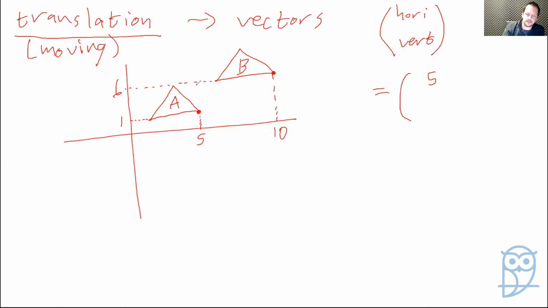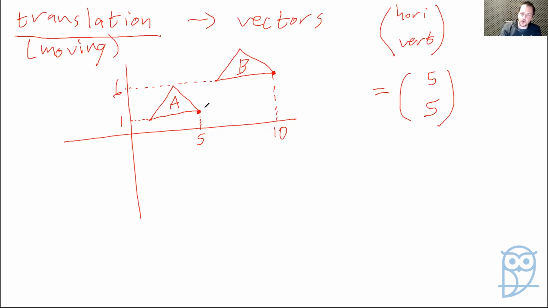What about my vertical? I'm also going from 1 to 6, which means I'm moving 5 units. Is it a positive or is it a negative? Well, I'm moving upwards, which makes it positive as well. So therefore, my translation vector would be 5, 5.